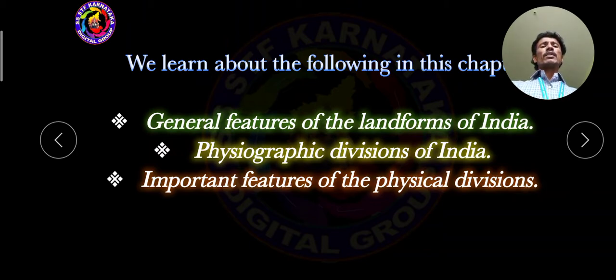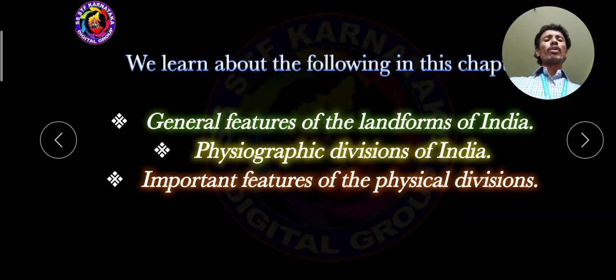It means some of the important characteristics and variety types of the landforms, mountains, valleys, hill stations, etc. Then physiographic divisions of India, what type of parts consist of our Indian country, that is also we have to learn in this chapter.